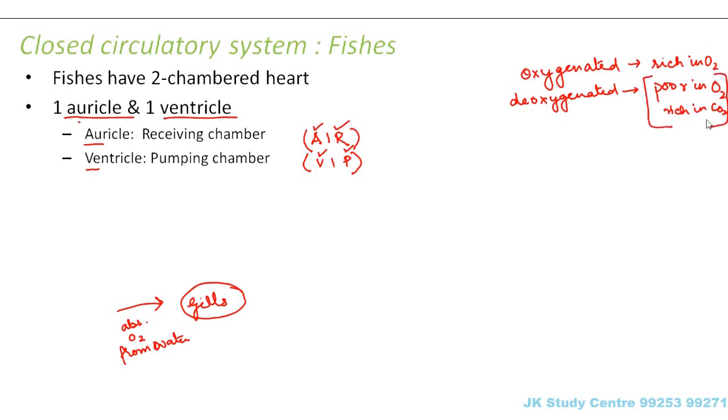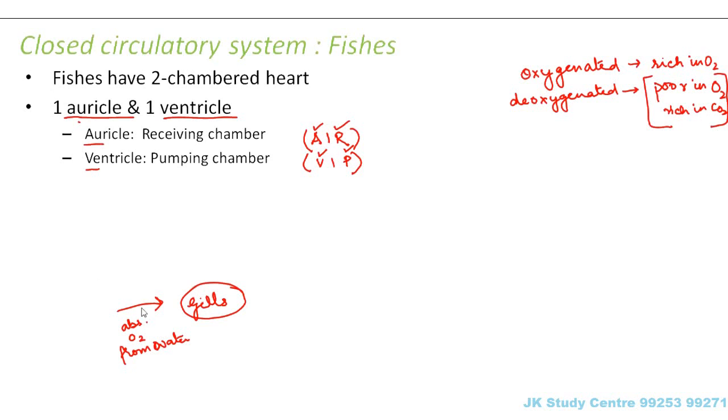We were saying that good air contains a lot of oxygen and bad air contains a lot of carbon dioxide. Similarly, now we are going to talk about blood, because during transportation, whether it is oxygen or carbon dioxide, they get dissolved in blood. So the blood which is rich in oxygen, we say that is oxygenated blood. And the blood which is rich in carbon dioxide or which is poor in oxygen is called deoxygenated blood.